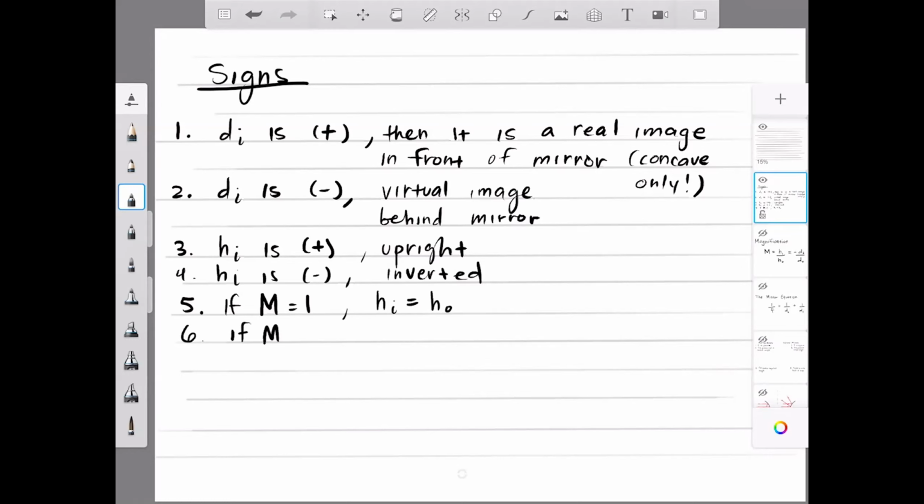If the magnification is greater than 1, the image is bigger than the object. If the magnification is less than 1, the image is smaller than the object.